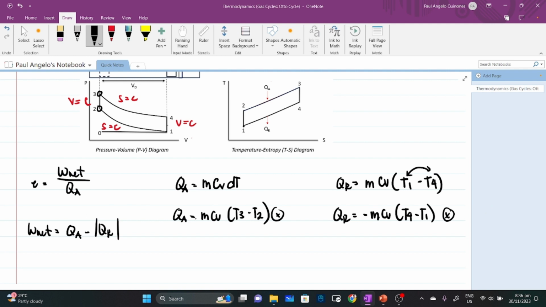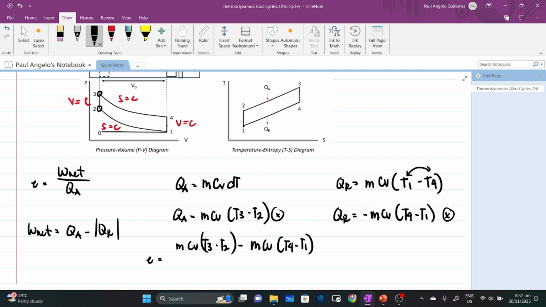Next, now we have QA. We can substitute everything in your efficiency equation. We will have efficiency is equal to work net, that is QA, minus the absolute value of QR. QA is MCV T3 minus T2, minus QR, so we get the absolute value of this one: MCV T4 minus T1.